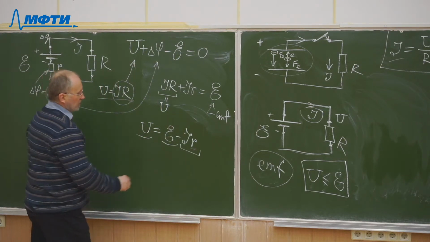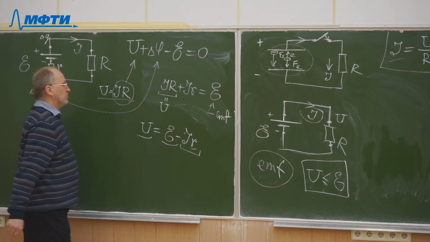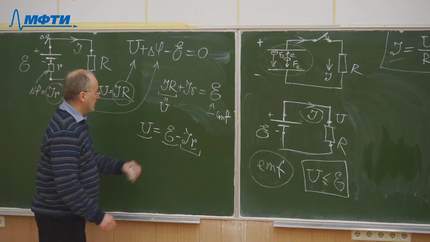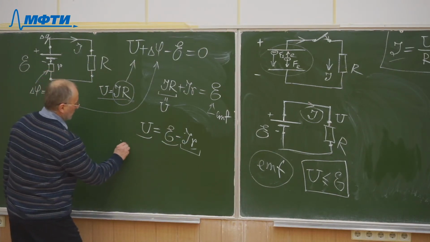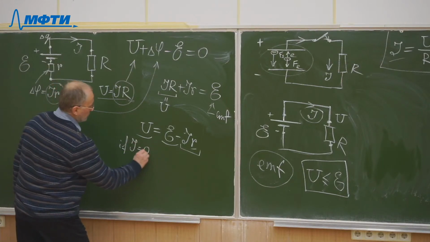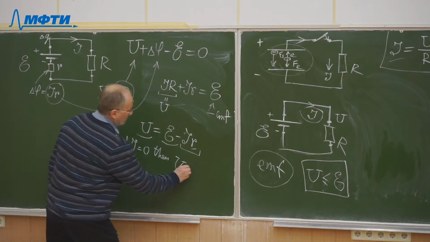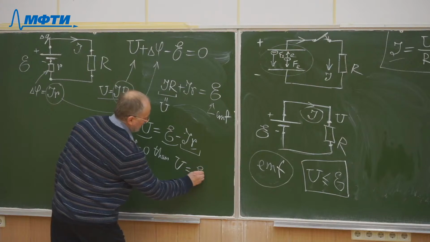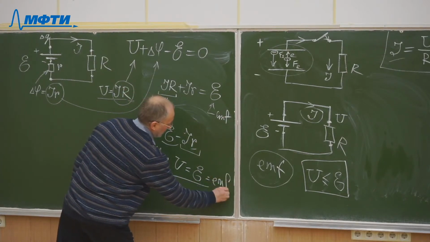So U is always smaller than the electromotive force. But U will equal the electromotive force if the current in this circuit is 0. So if the current is 0, then the voltage on the external terminals of the battery will be exactly equal to the electromotive force of the battery.